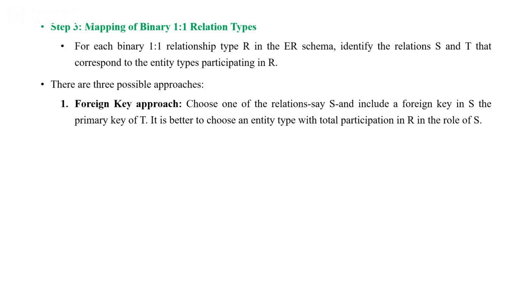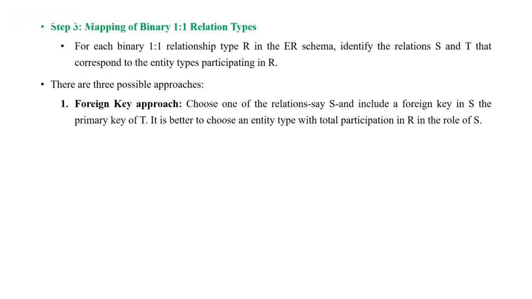In the foreign key approach, we choose one of the relations, either S or T, and include in S the primary key attribute of T as a foreign key. That is, the primary key attribute of entity type T is included in entity type S, where it acts as a foreign key constraint.